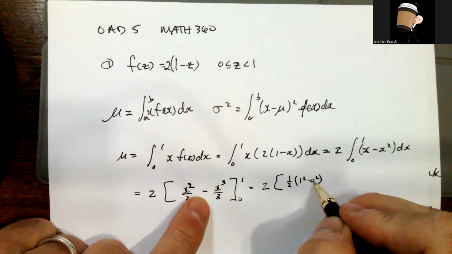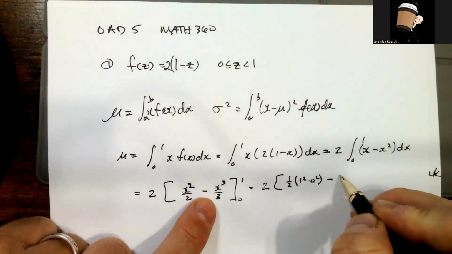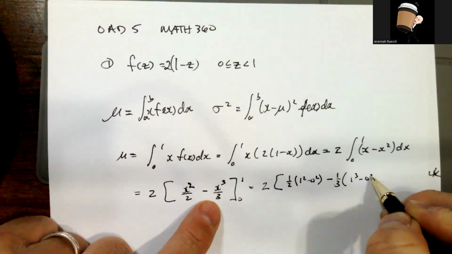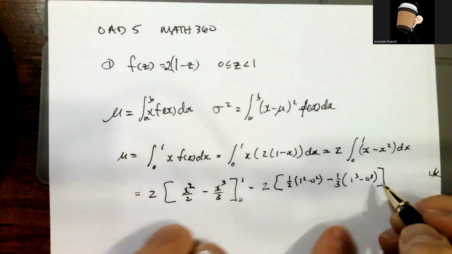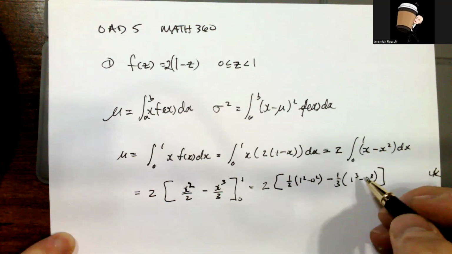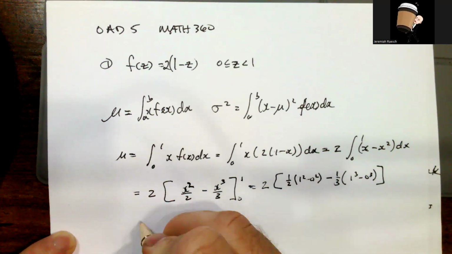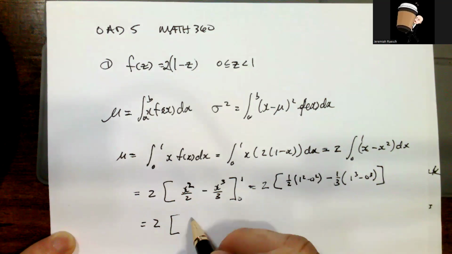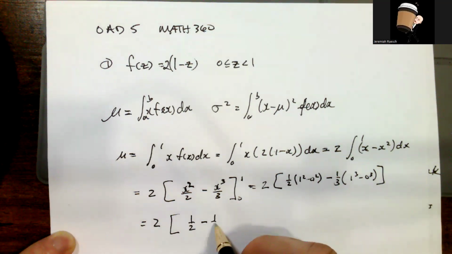That's the upper limit and lower limit of this first one, minus, factoring out the third here, 1 cubed minus 0 cubed. Okay, and so again, the lower limit is 0 on both of those. And 1 squared and 1 cubed are also just 1. A really nice property about ones. So this is 2 times, well, this is 1/2 minus 1/3.